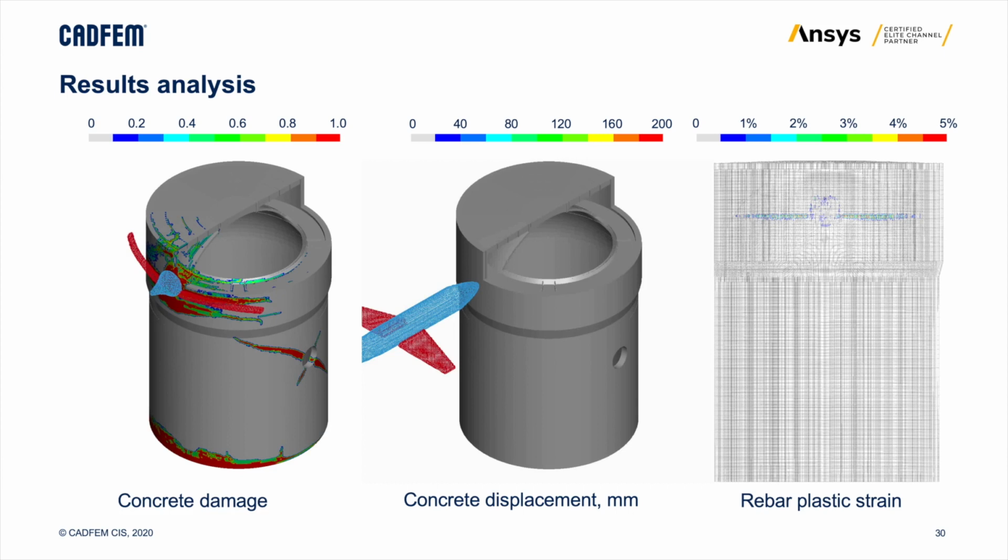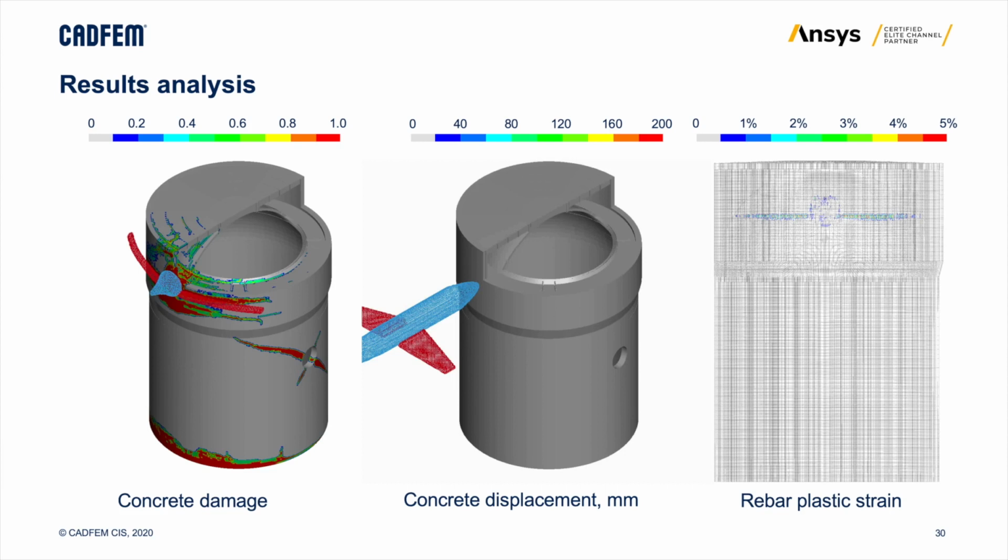But it's not necessarily a bad thing to have a crack inside concrete, because we still have a huge cage of reinforcing rods. To understand whether it is bad or not to see a red zone of concrete damage in our building, we should take into account concrete displacement and rebar plastic strain.